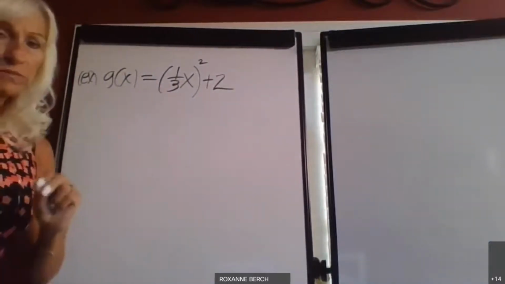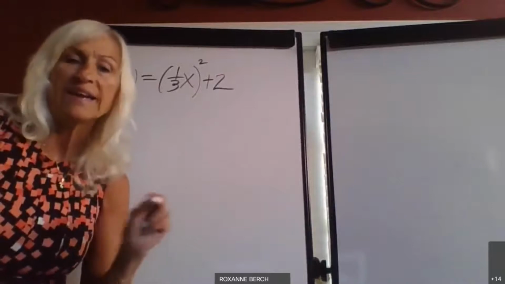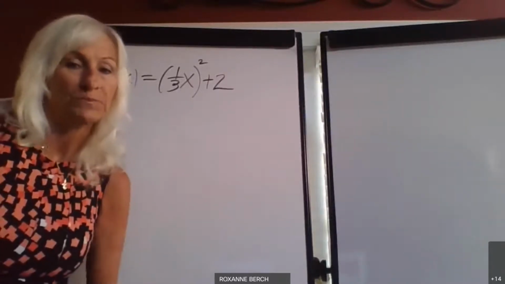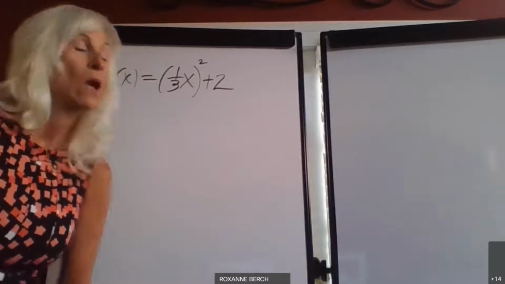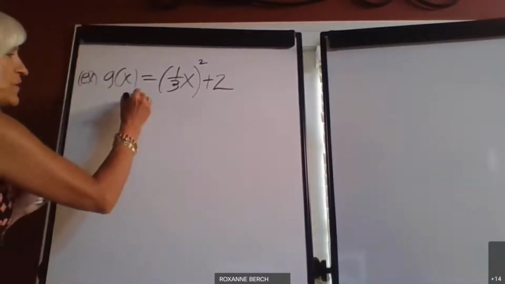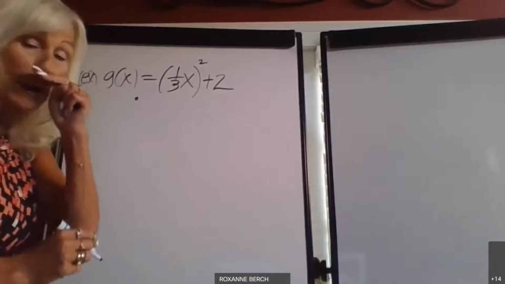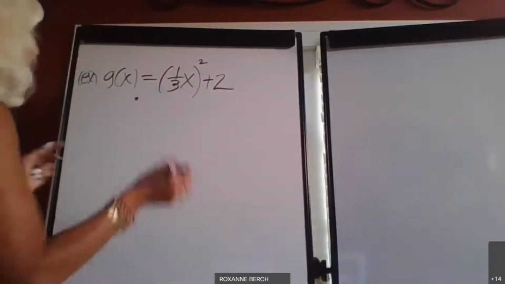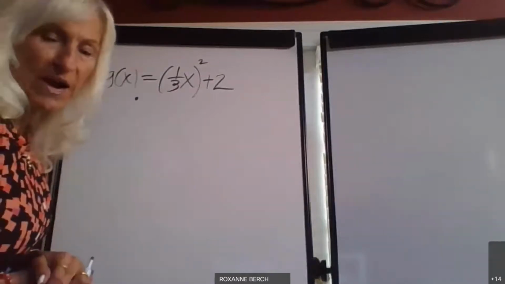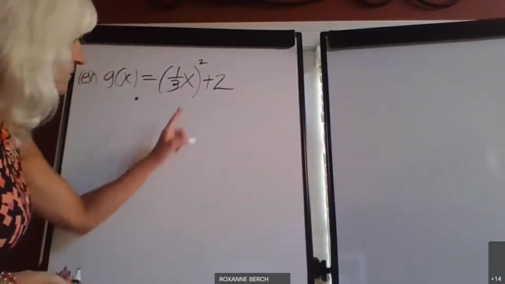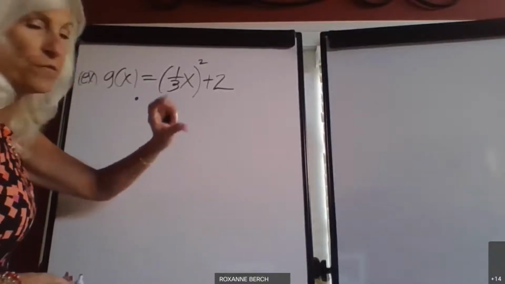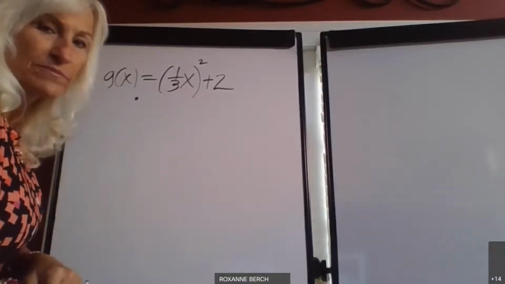Now, remember B is always multiplied to X. You have to take the reciprocal. So state the transformation in the correct order. Is there a left or right? Is there an H? No. Okay. Is there a stretch or compression? So when you flip it, what is it?